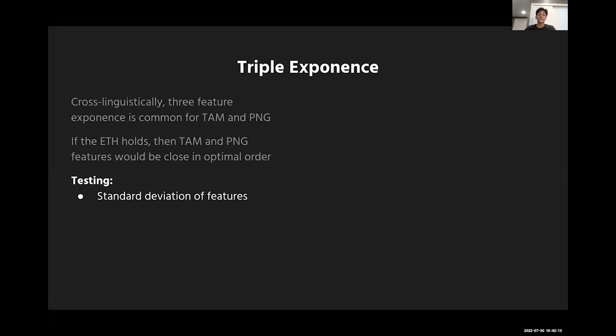And so you would expect that if you look at all possible triples of features, TAM and PNG are going to be on the much lower end in terms of standard deviation than in general. We normalize this by the number of features in a given language, and then we average this over all languages, taking all three-feature combinations that had more than 7 language data points.